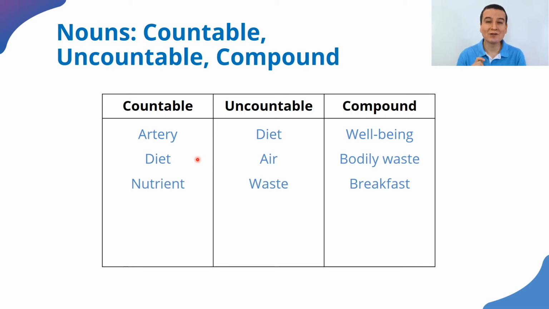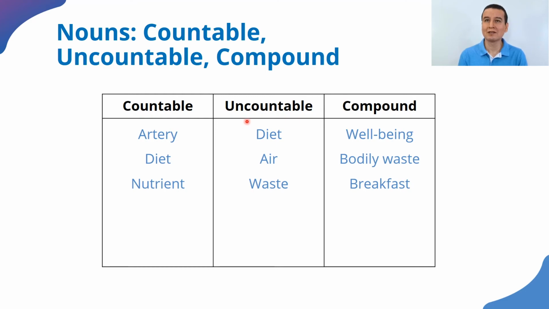But there is one little thing about diet. When we're talking about diet as the set of habits that we have in our nutrition, that is also called our diet. If we are talking about diet in general as that abstract component of that sum of everything that we eat, that is uncountable.